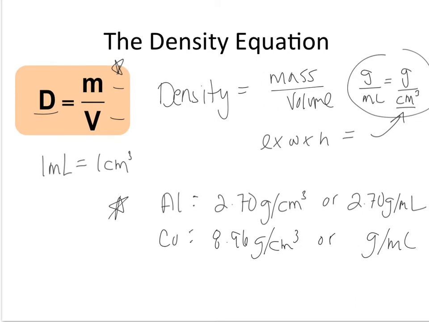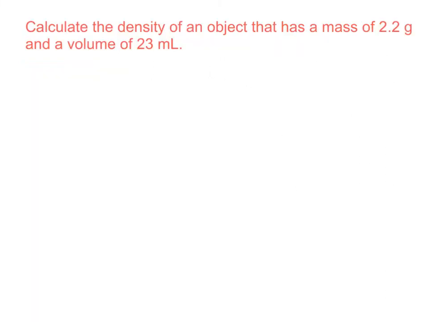Okay, so let's go ahead and look at the density equation and how we need to manipulate the equation and do calculations for our unit. So let's apply the density equation to some specific questions. Okay, so basically in this problem they've asked us to calculate the density of an object that has a mass of 2.2 grams and a volume of 23 milliliters. Okay, so we know that we're calculating our density, so we know we're going to be using the density equals mass over volume equation.